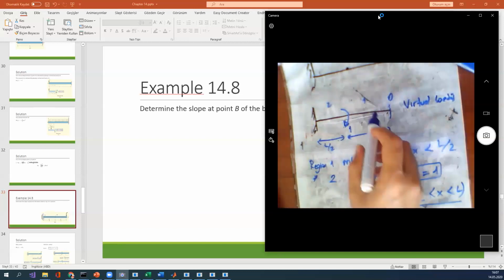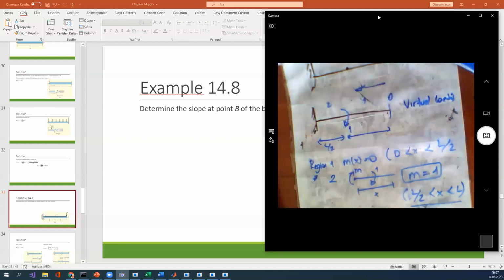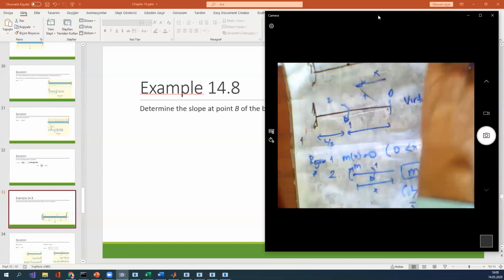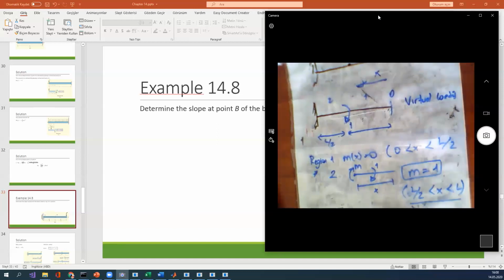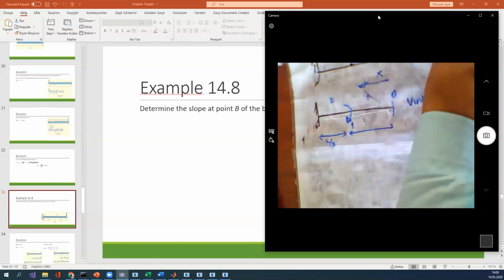Again, I take an origin from here and the x direction like this, okay. In order to simplify our calculation, I am using this strategy. So I obtained m, and I also want to obtain the moment value.